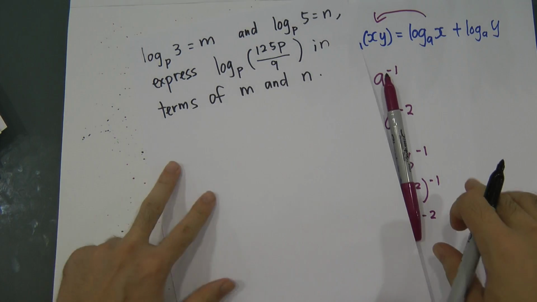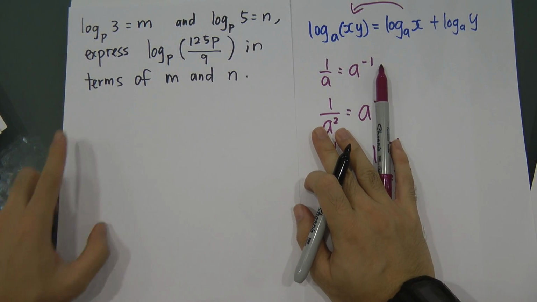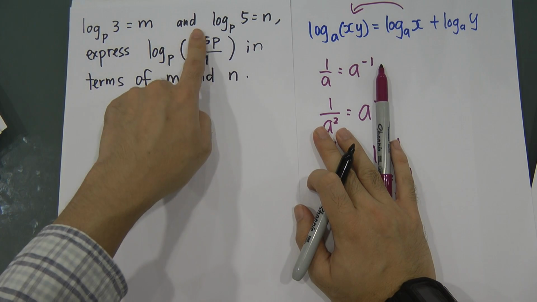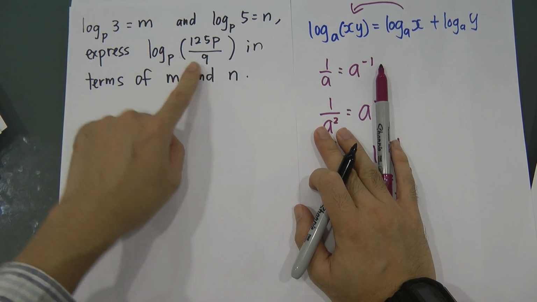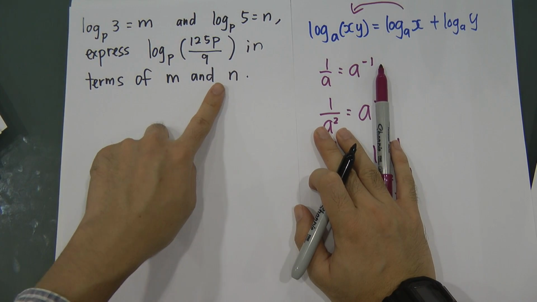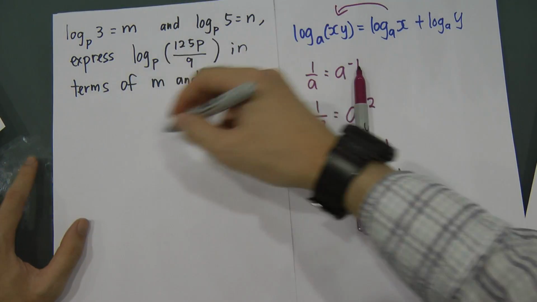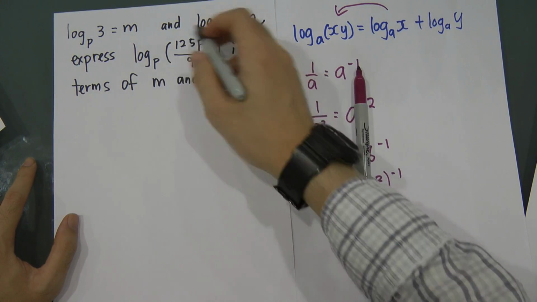Yeah, okay, for this one, he gives you some information. He said log P 3 equals to m and log P 5 equals to n, and they ask you to express this one in terms of m and n. Alright, so in order to solve the question like this, obviously you need to know how to expand this one.